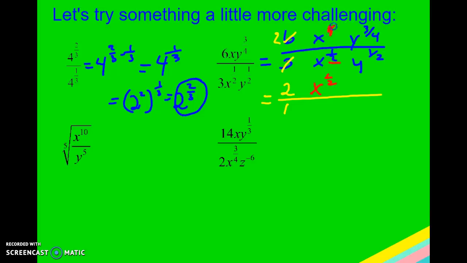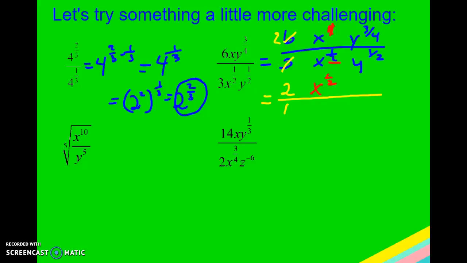The bigger exponent was in the numerator, so the x to the 1/2 will stay in the numerator. If these had been switched and the x to the 1/2 was in the numerator and the x to the first was in the denominator, then the bigger exponent being in the bottom, this would have been on the bottom. You might want to listen to that again if that was confusing to you.